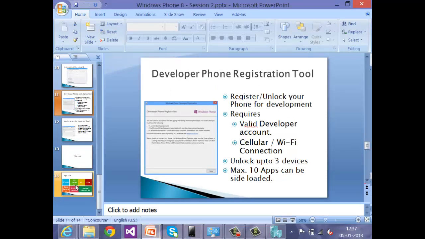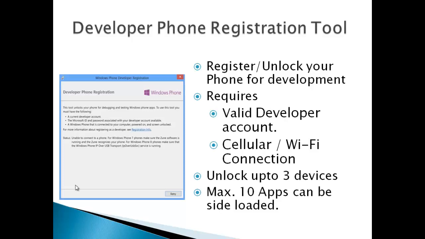The other thing is about the developer phone registration. Okay, so you want to unlock your phone for development purposes, to test your apps on the device. If you want to do that, first of all, you need a valid Windows Phone developer account, and you need a cellular or a Wi-Fi connection on your phone.